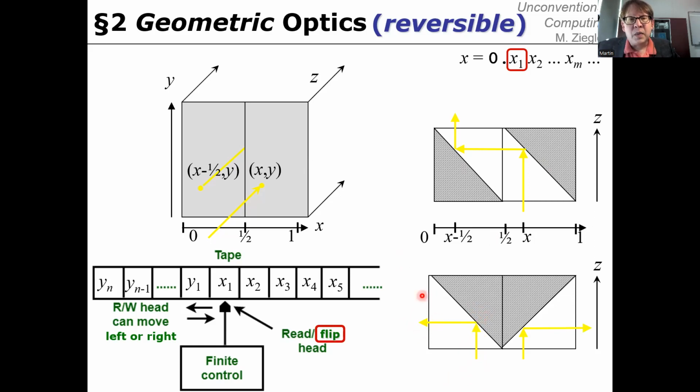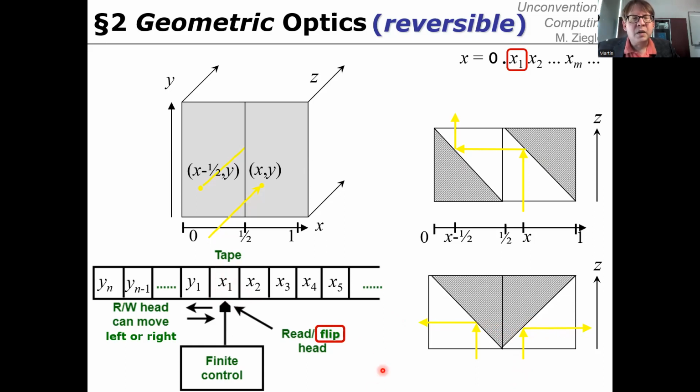So depending on whether this bit is 0 or 1, the ray proceeds in two different directions. Now the x-coordinate gets lost, right? So the ray enters at a certain fixed x-coordinate, x is fixed and z changes. And now when the ray leaves, the x-coordinate changes, but the z-coordinate is fixed, and the z-coordinate contains information about the input x, and also the direction contains information about the content of that bit.